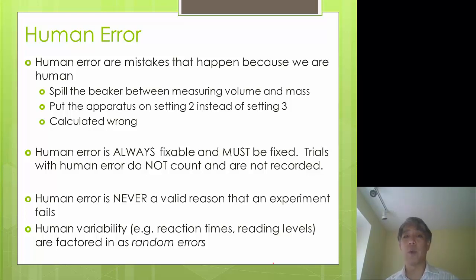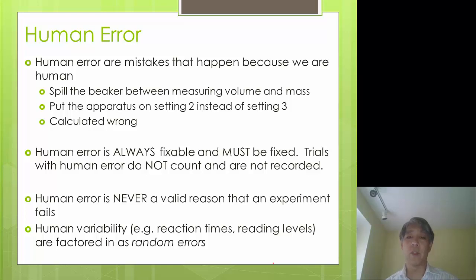If you make a trial with a human error because you spilled the beaker, those trials don't count. Repeat the experiment or repeat that trial. Okay, human error is never a valid reason that an experiment fails. You must fix them. Okay, so human variability, however, is part of the methods and procedures, and there's nothing we can do about that.